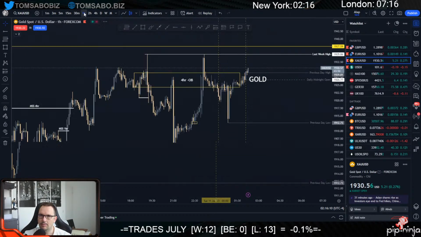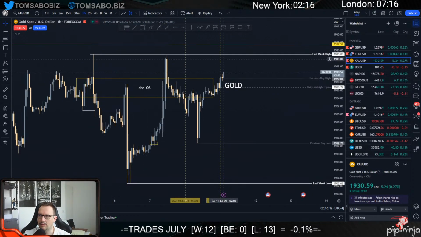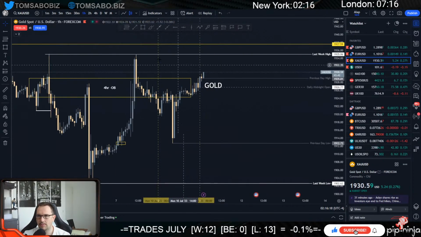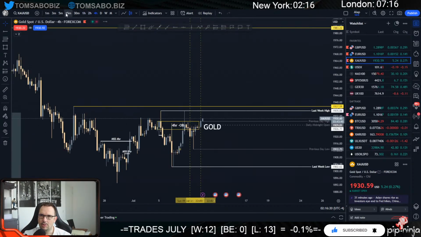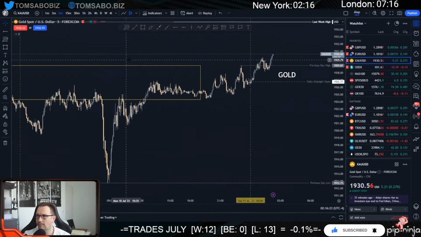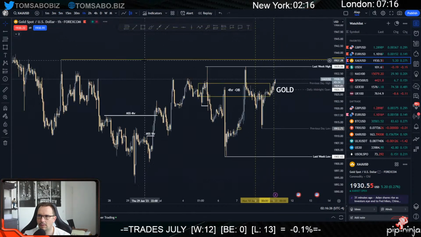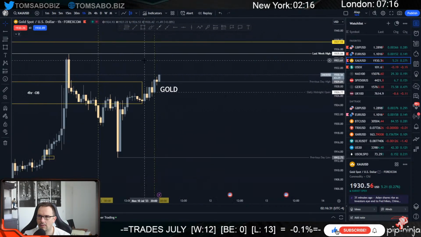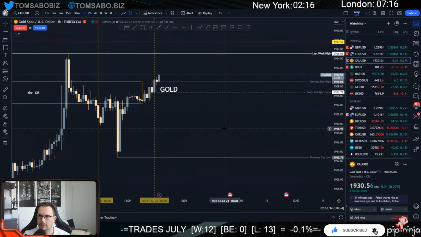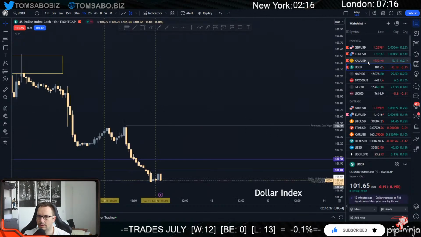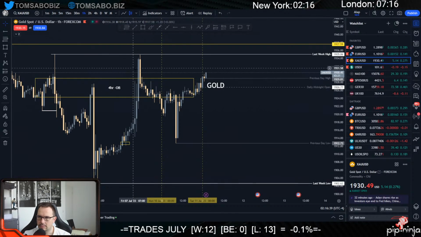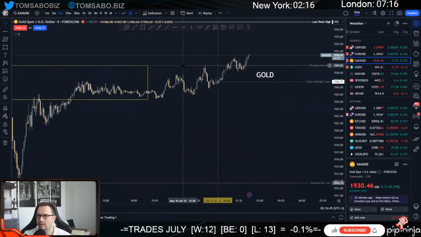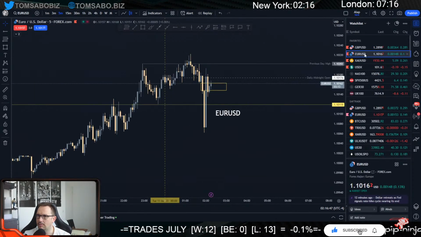Let's look at gold. Oh, look at gold. Relative equal high almost on last week's high. It's definitely bullish. Guys, we're bullish all over the place. Yeah, it's not too far. Actually, it's nothing for gold. You can take it out easily. So, looking for any kind of bullish entry.